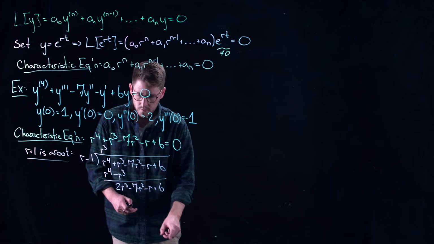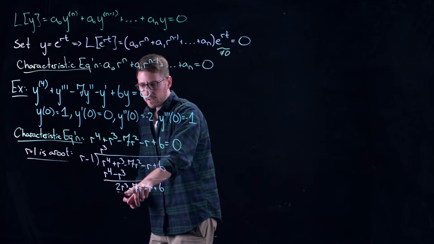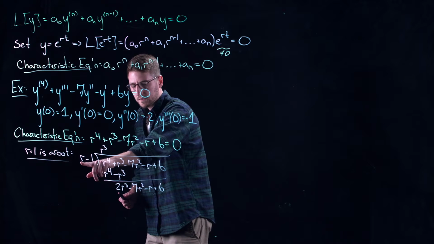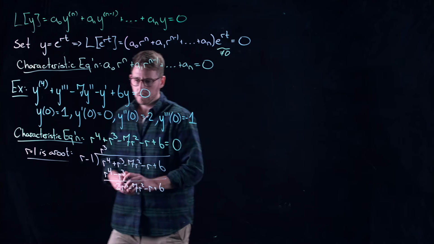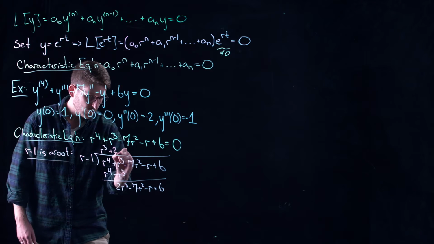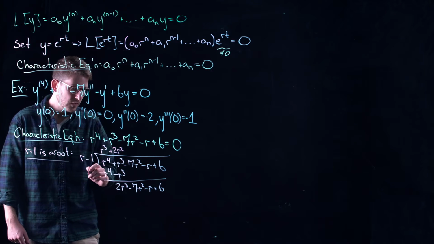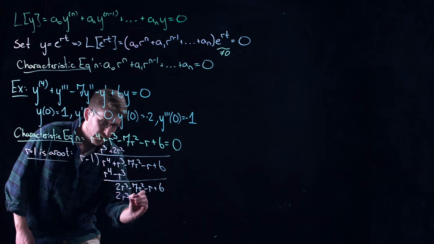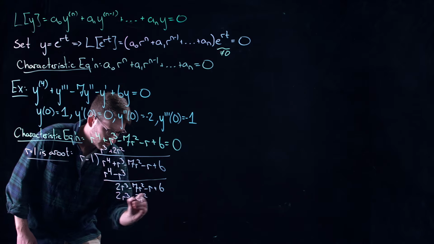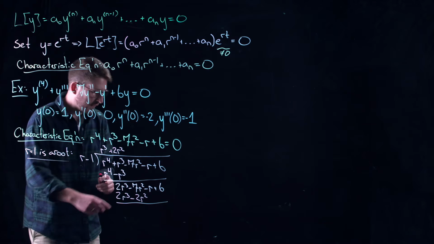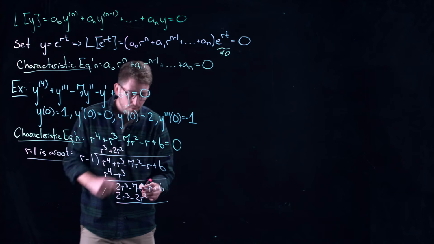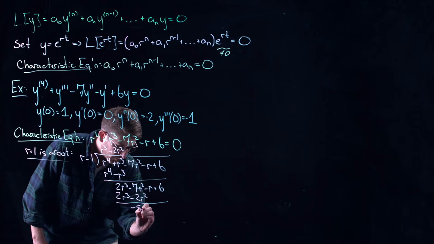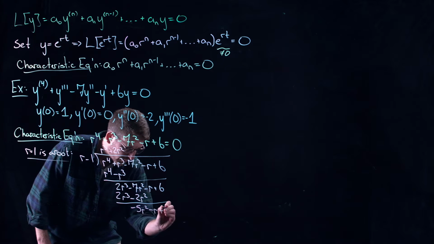Now this is my new polynomial. What do I need to multiply r by to get 2r cubed? Well, that's plus 2r squared. And so now I get 2r cubed minus 2r squared. And doing the subtraction here now, minus 5r squared minus r plus 6.